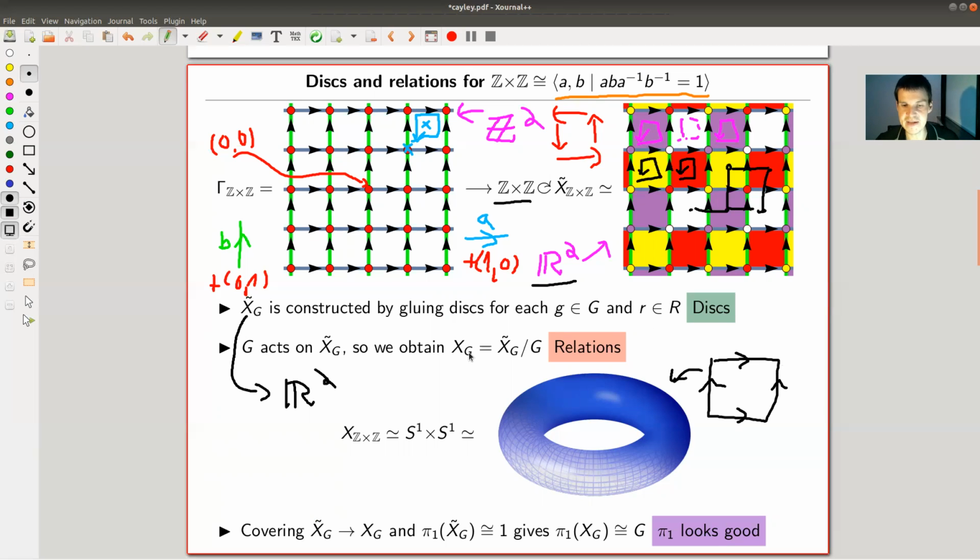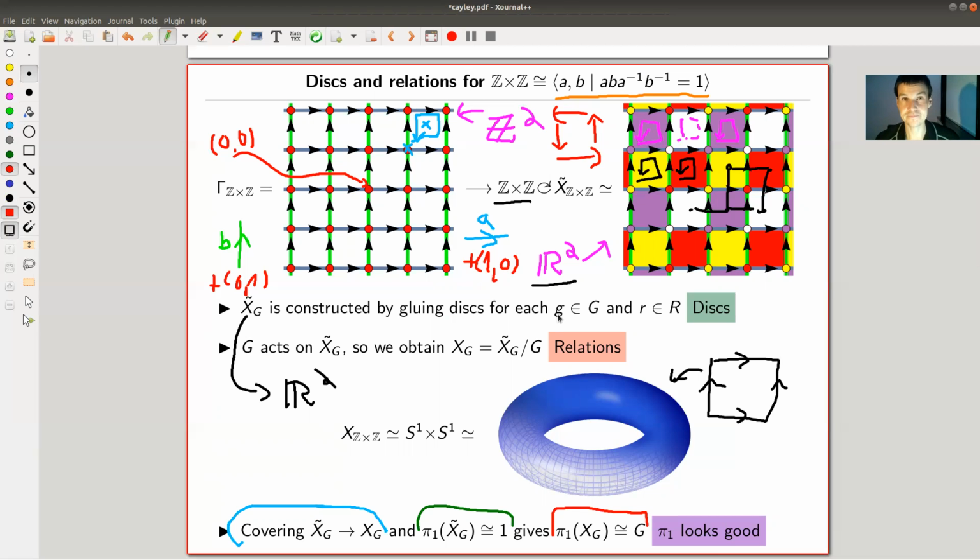So this quotient space is actually the torus. And observe that something funny happens. So first of all, you get this covering of R2 covering the torus, but you also get that R2 has a trivial pi 1. Okay, yeah, sure, that's pretty obvious. And the pi 1 of my torus is actually the group I started with.